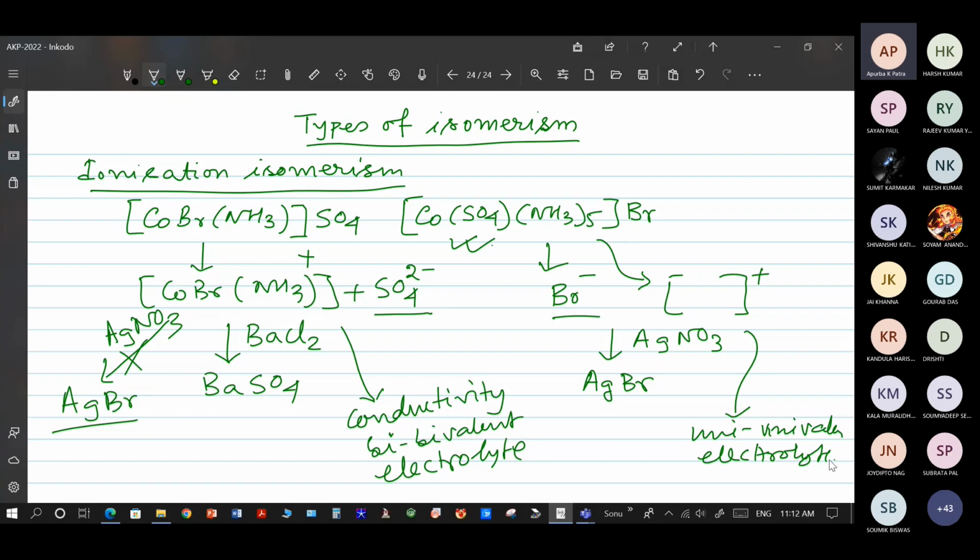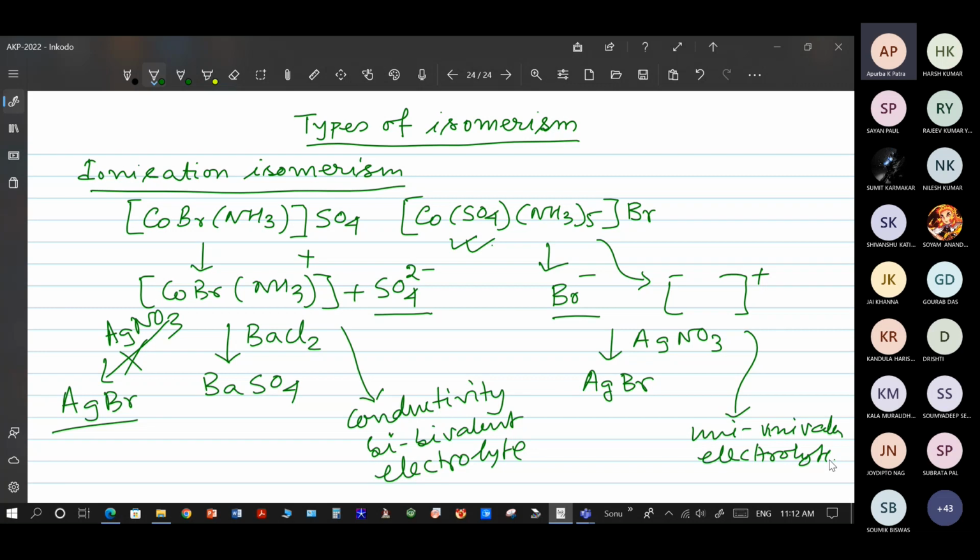So, bivalent electrolyte conductivity will be much more than the univalent, and there is a range. In research papers, you will find it in different solvents. People have taken different sorts of electrolytes like the univalent, bivalent, trivalent electrolytes, and then they have measured in a particular solvent at a particular temperature, like the room temperature, and then there is a table.